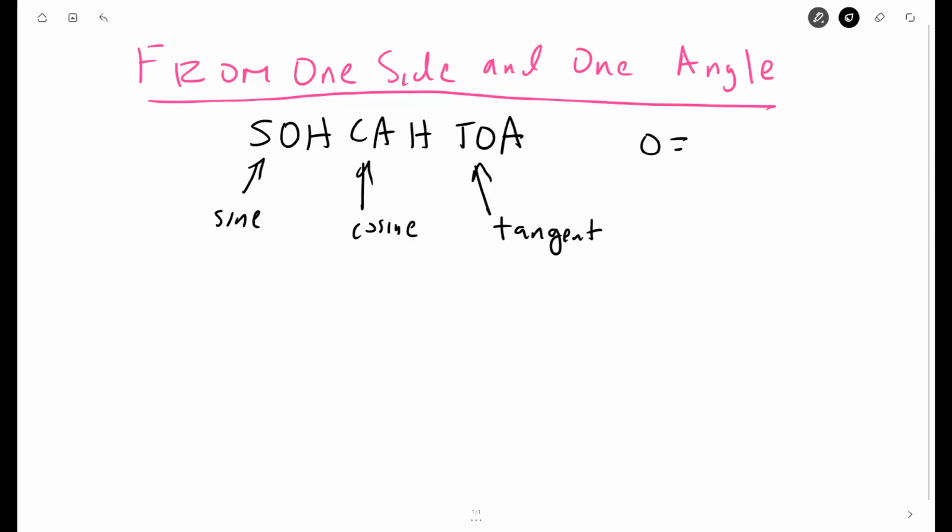And then O is equal to opposite, A is equal to adjacent side, and then H for hypotenuse.